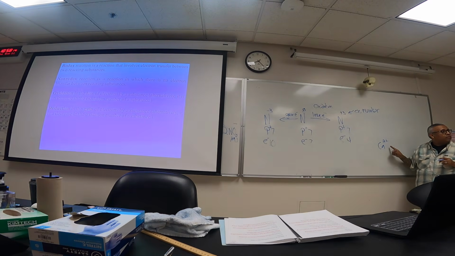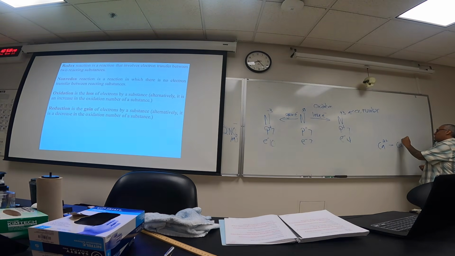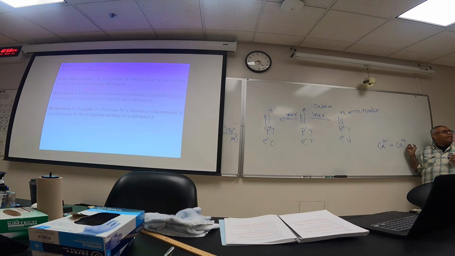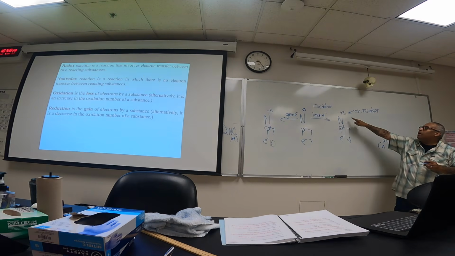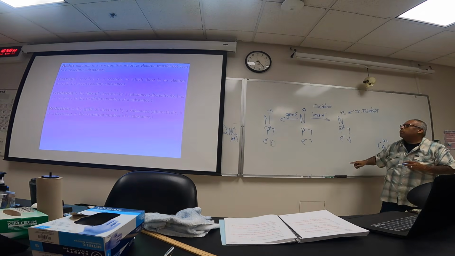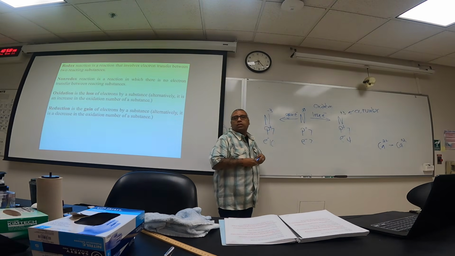It's been 2 plus. If I want the oxidation number of calcium, I'm giving it this number here, plus 2. That's the oxidation number. So this is not the charge of nitrogen. This is its oxidation number.